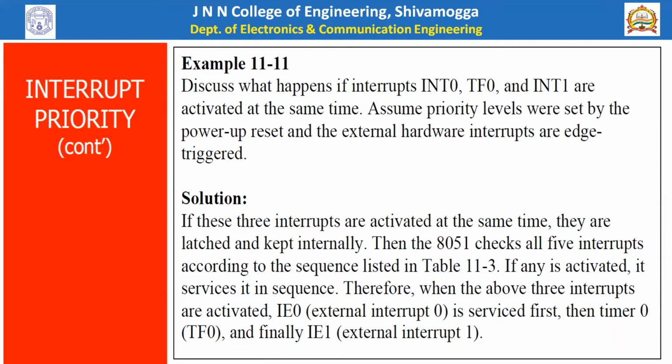Therefore, when the above 3 interrupts are activated, IE0, that is external interrupt 0, is serviced first. Then timer 0, finally interrupt 1. So this is the sequence.